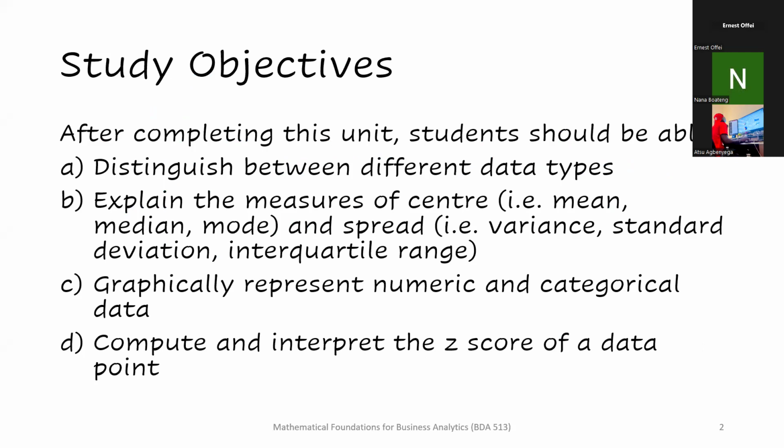So we'll talk about mean, median, mode, and also we'll look at the spread of data in terms of its variance, standard deviation, and interquartile range. Okay. And then we see how we can represent numeric and categorical data, right? We've seen some of them already, okay, when we're doing data visualization, but here you get to understand the mathematical reasoning behind it. And then to compute and interpret the score of a data point.